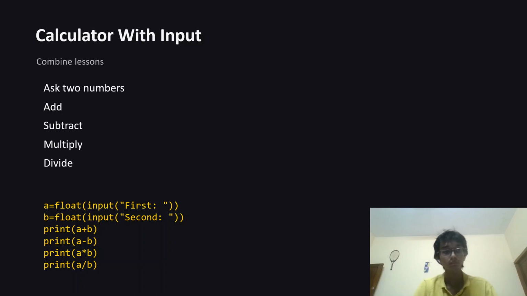Your task is to ask for two numbers. You have to add them, subtract them, multiply them, and also divide them. The numbers that are inputted should be floats, and show the result. So your time starts now. In case you're not able to do it, we'll do it together.